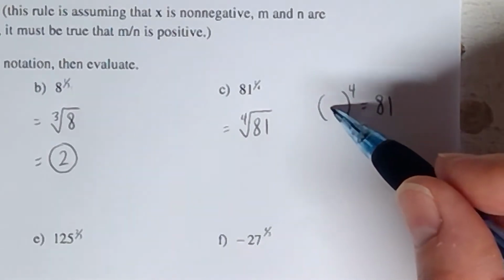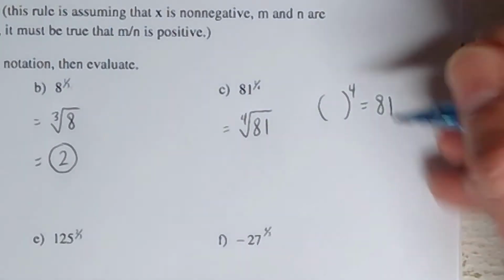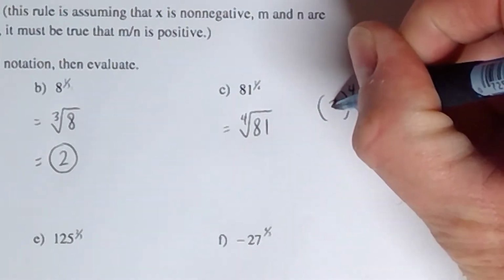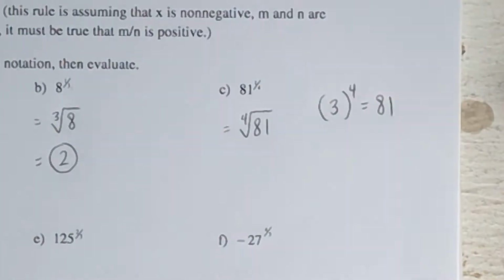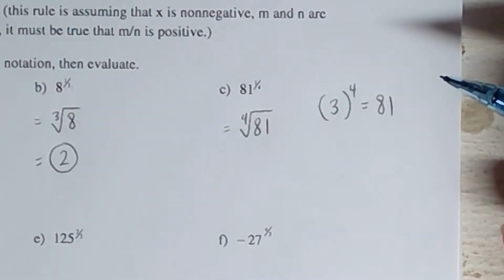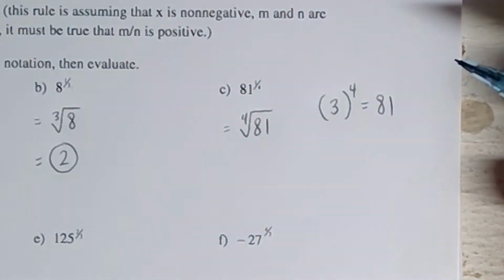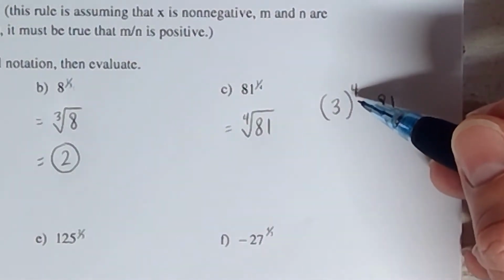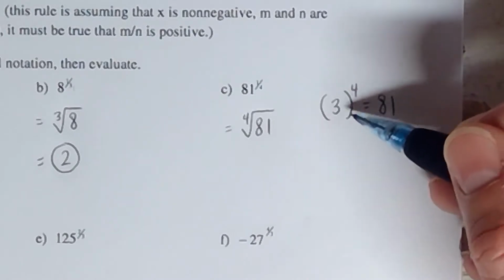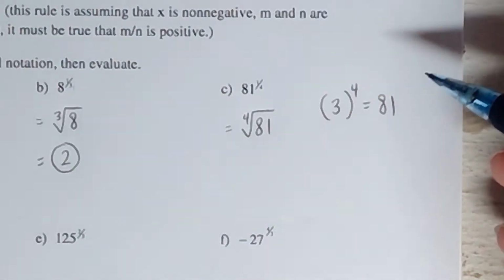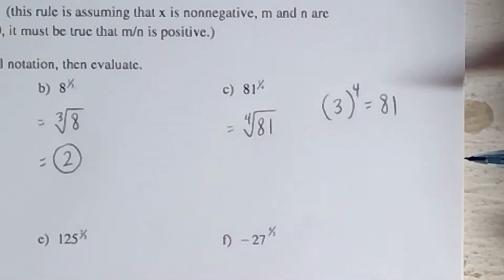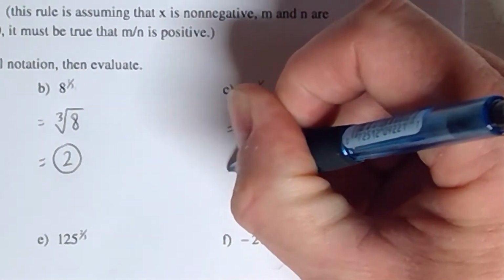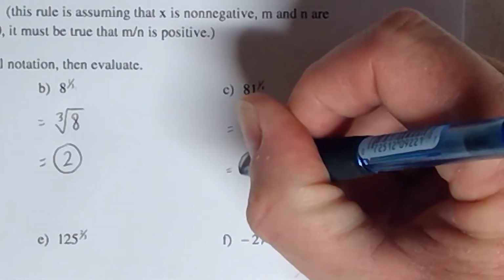Well, I know it's not 2 because 2 to the 4th is 16. How about 3? As it turns out, that's what it is, because 3 times 3 is 9, 9 times 3 is 27, and then if you multiply 3 a 4th time, 27 times 3 is 81. So the answer here is 3.